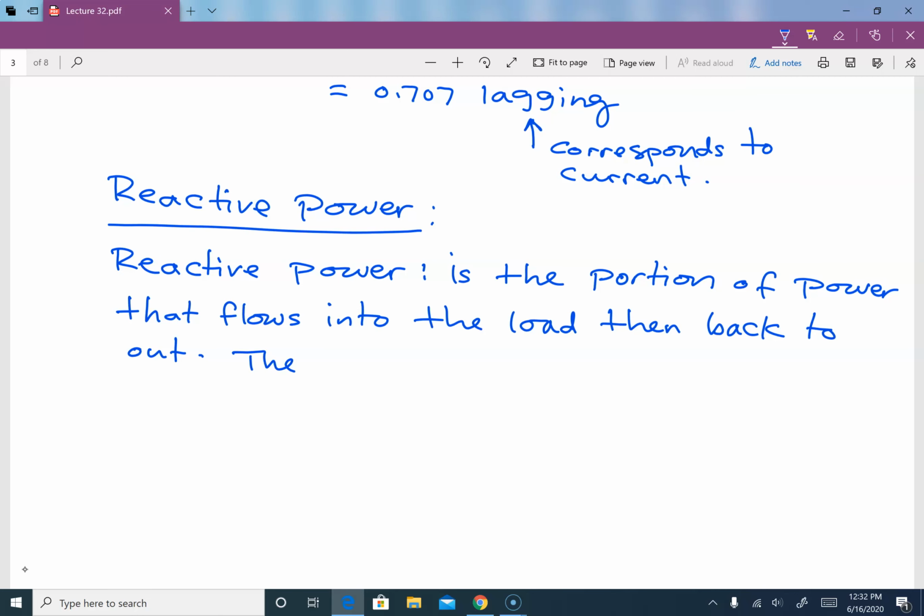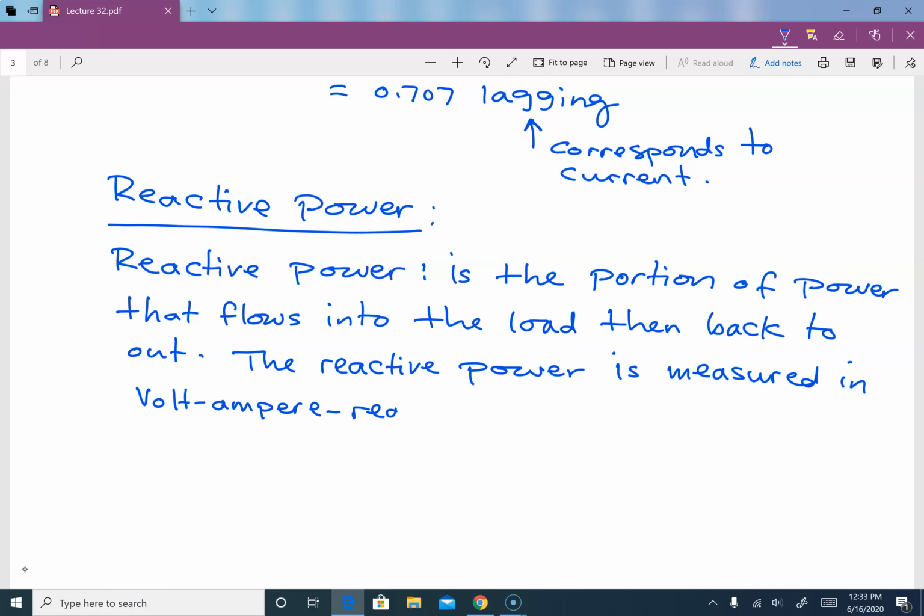Usually the reactive power is measured in volt ampere reactive.